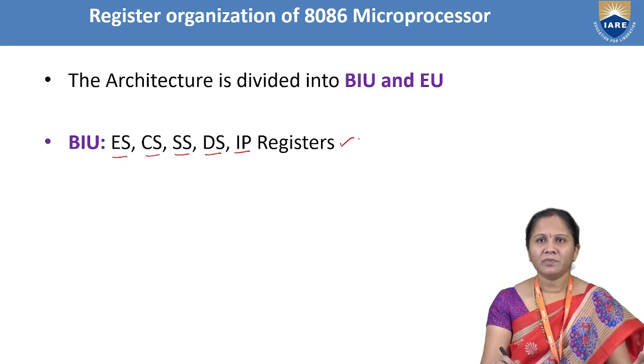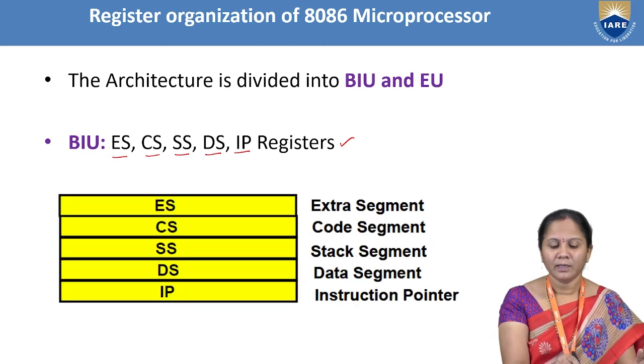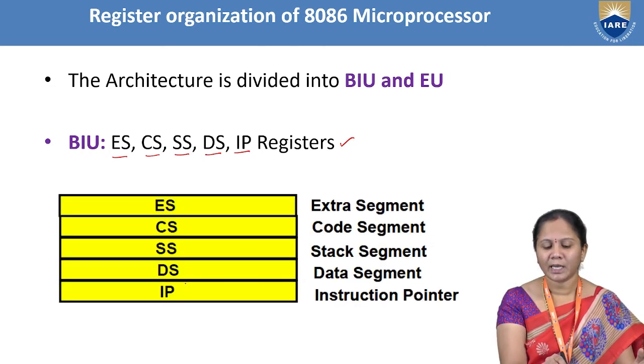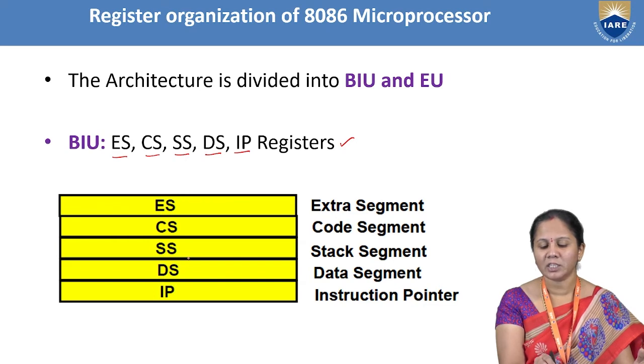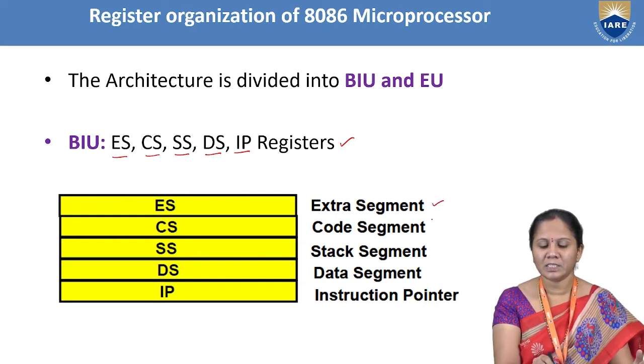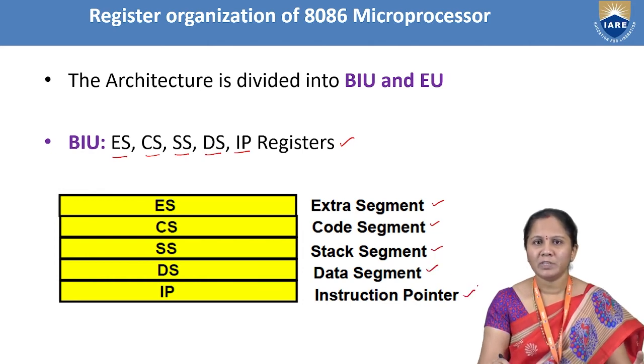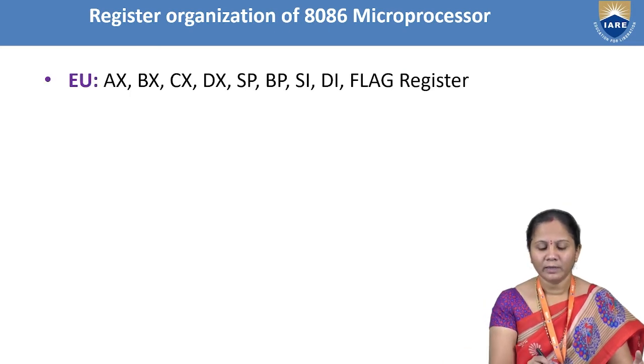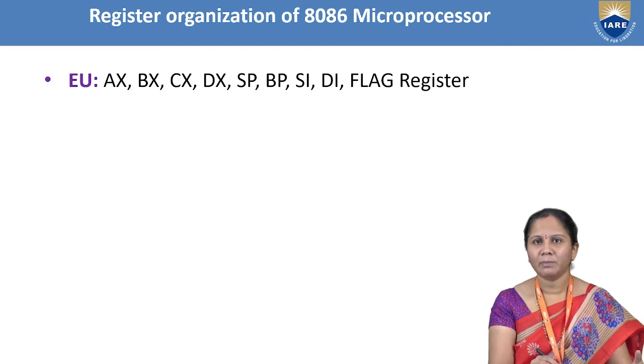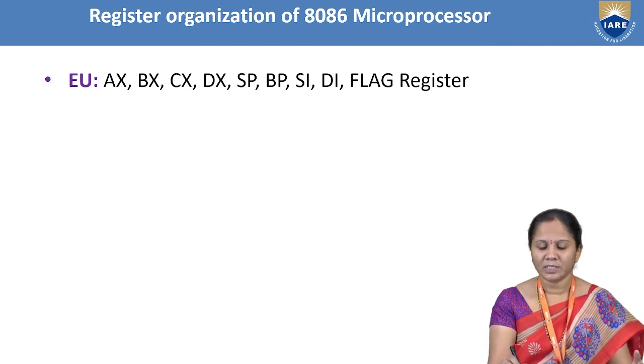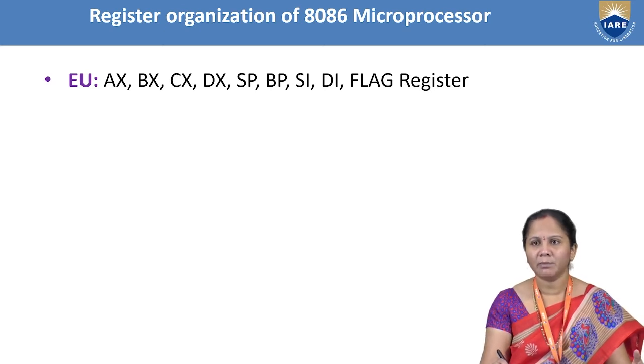In the bus interface unit, some of the registers available are extra segment, code segment, stack segment, data segment and instruction pointer. With the help of these registers, the bus interface unit calculates a 20-bit physical address. So these are the registers available in the bus interface unit: extra segment, code segment, stack segment, data segment and instruction pointer.